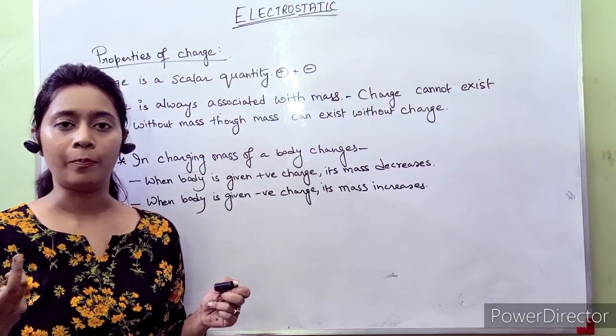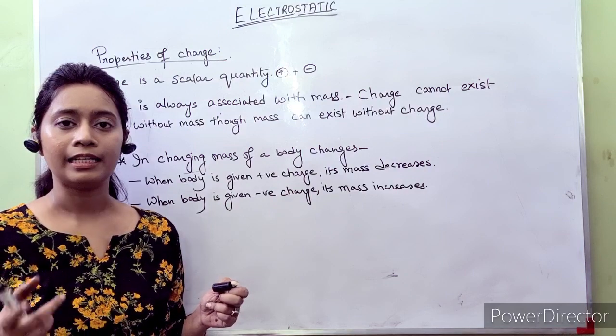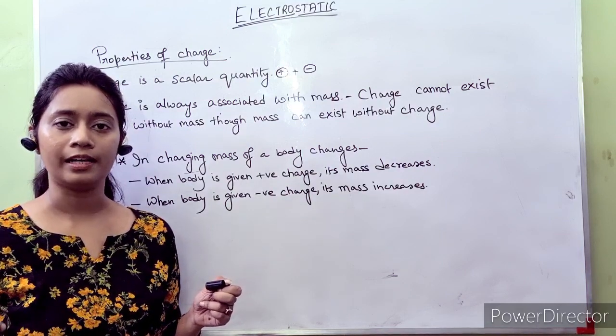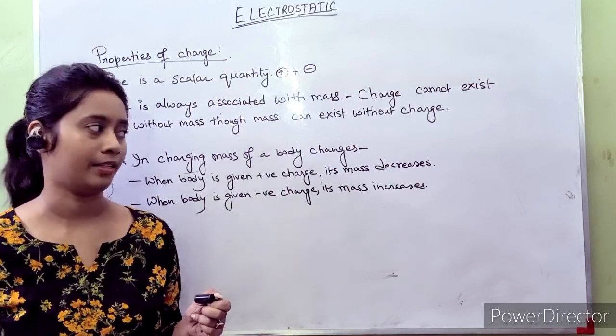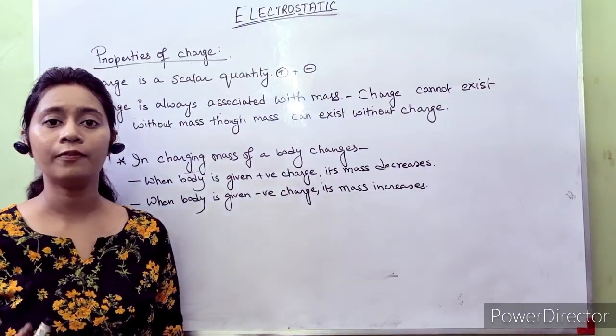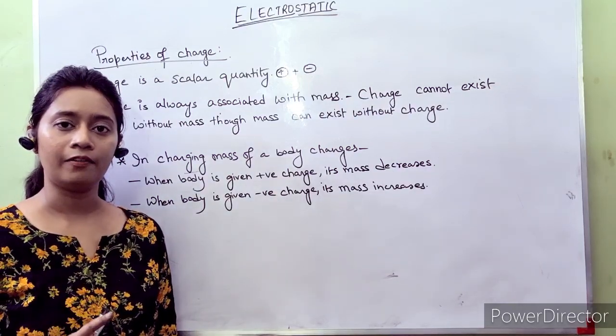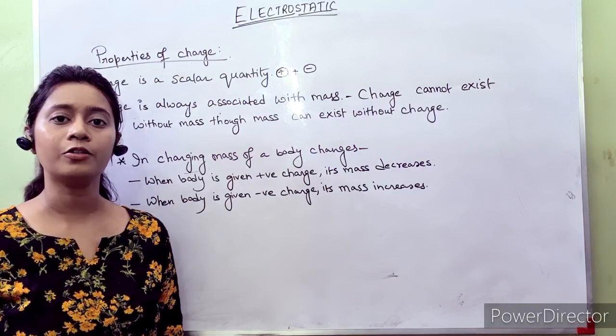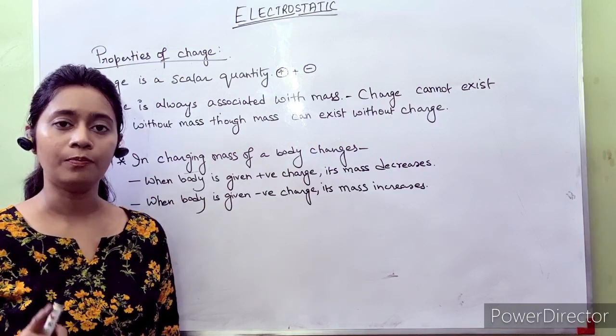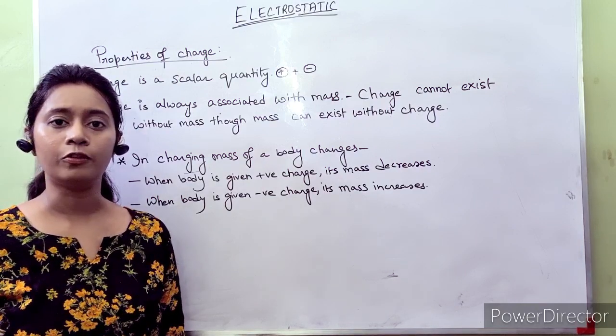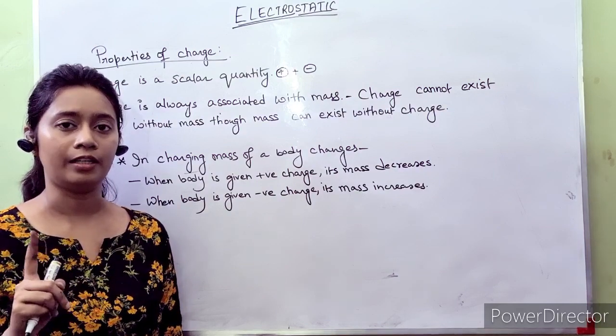So if the body has to gain charge, either the positive charge or the negative charge has to be in excess. So presence of charge itself is a convincing proof of the presence of mass, but presence of mass doesn't prove that there is charge in the body.